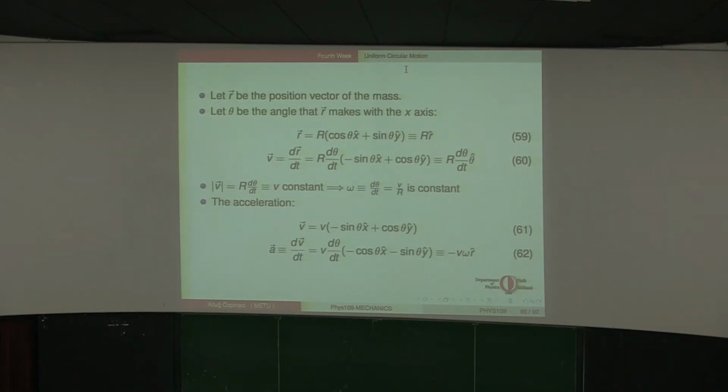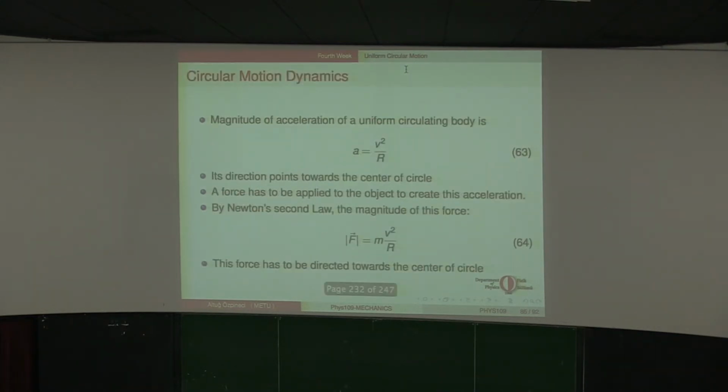Now, since there is an acceleration, Newton tells us that there should be a force, and since the acceleration points towards the center, the force also has to be pointing towards the center.